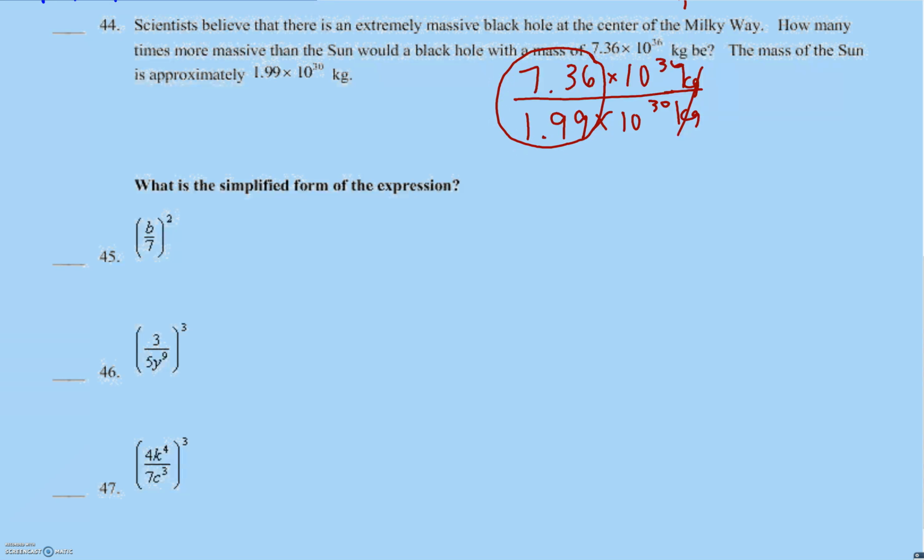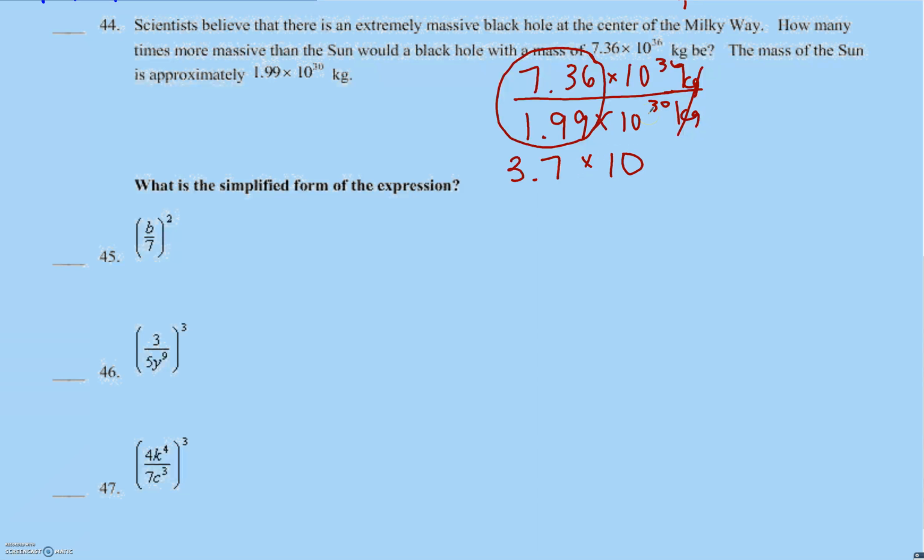Just take 7.36 divided by 1.99, and when we do that, we get 3.7-ish times 10.